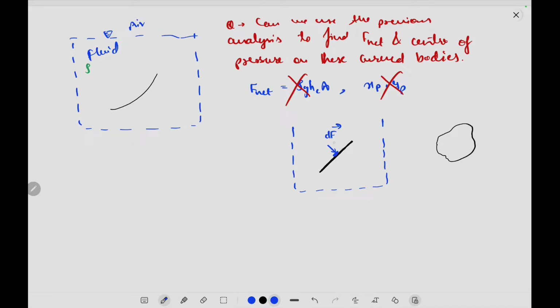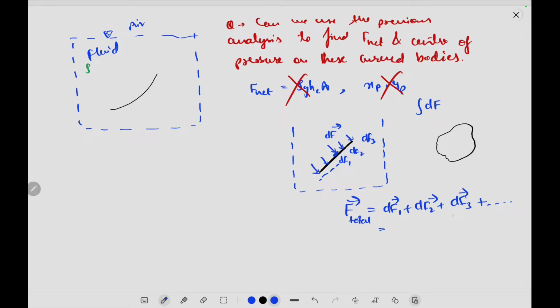Okay, and then what we did was we simply integrated dF, right? Now if you think carefully, this force is a vector, and in this case all the F vectors were in one direction. Let's say this is dF1, this is dF2, this is dF3, and so on. So dF1 vector plus dF2 vector plus dF3 vector and so on was my total F vector, right?